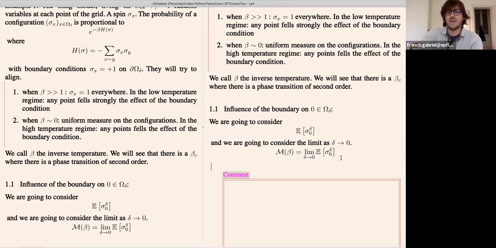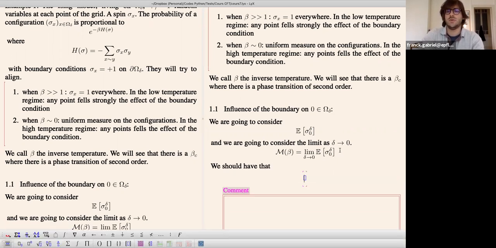So we take the limit of that. There are two points: m of infinity is equal to 1, and at 0 we said it's equal to 0.